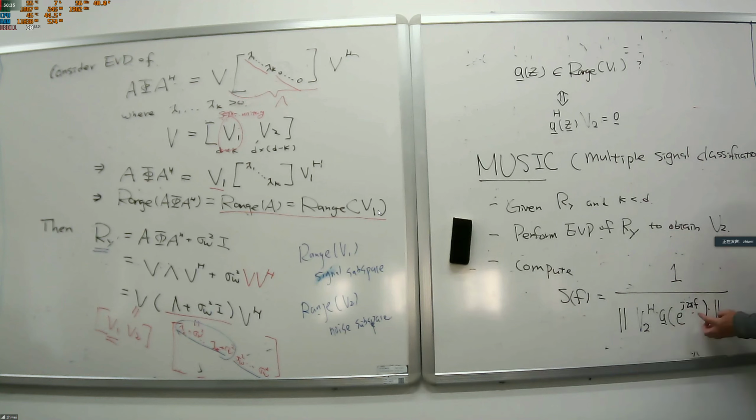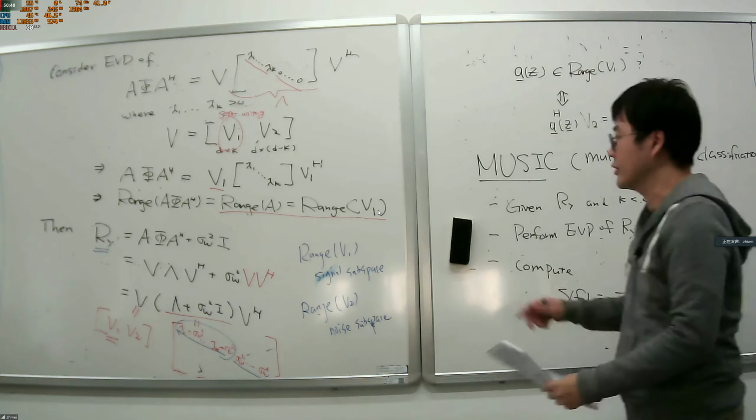So you see, if f is 1 over fi, then the norm should be 0, and the inverse should give you a large number. So you search over F.